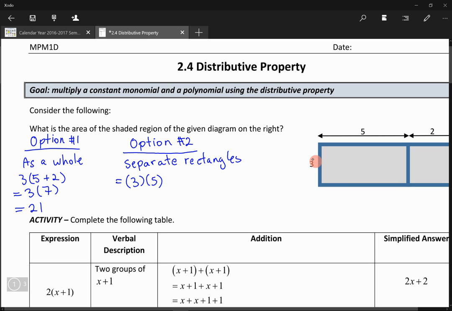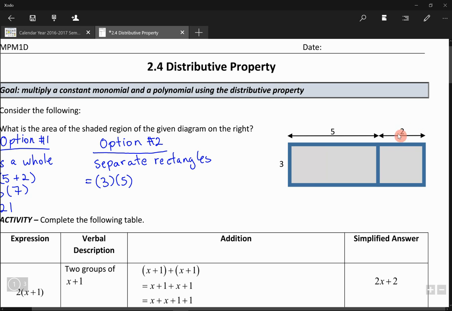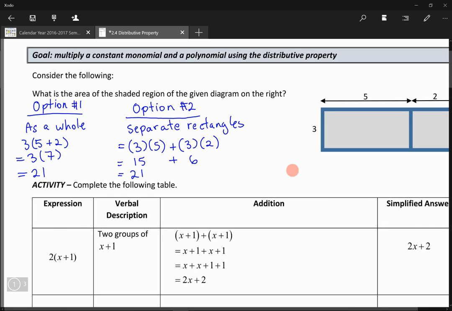I'm going to add that to the area of the second rectangle, which has one dimension of 2 and shares that same dimension of 3. So 3 times 5 plus 3 times 2 equals 15 for the first term plus 6 for the second term. My answer is 21.